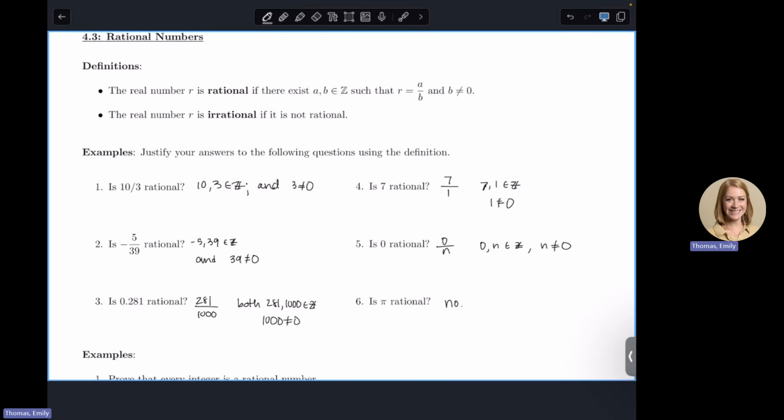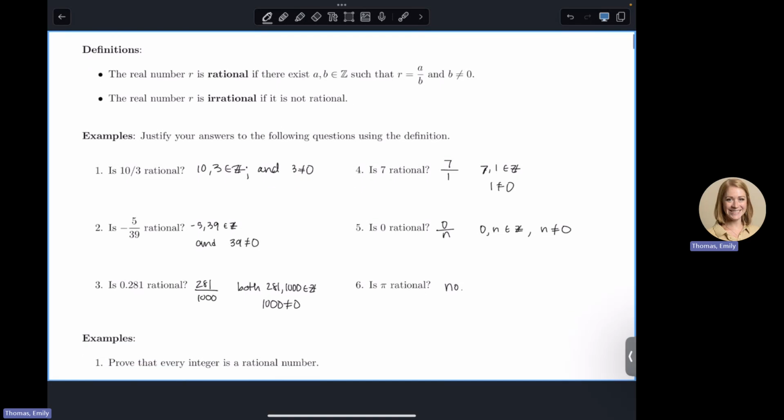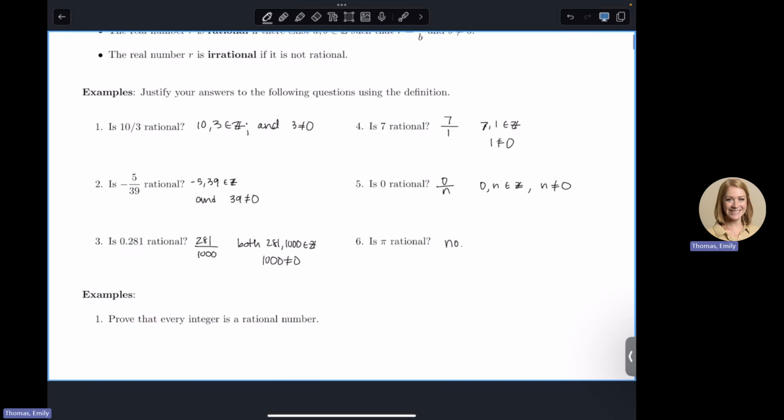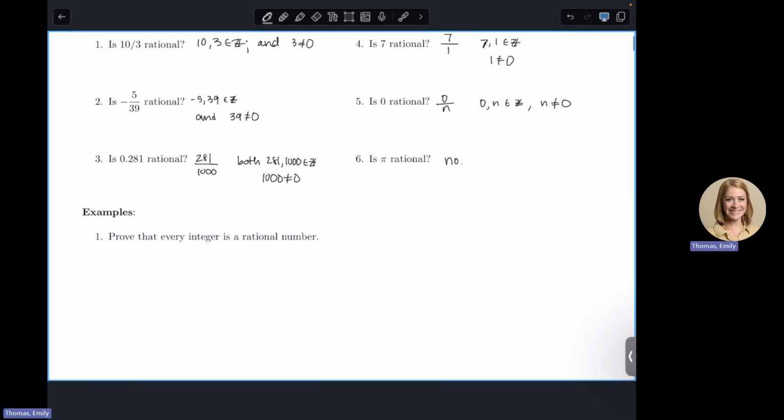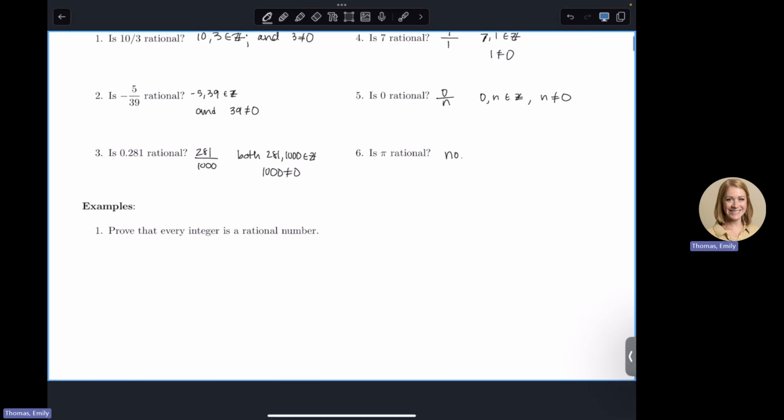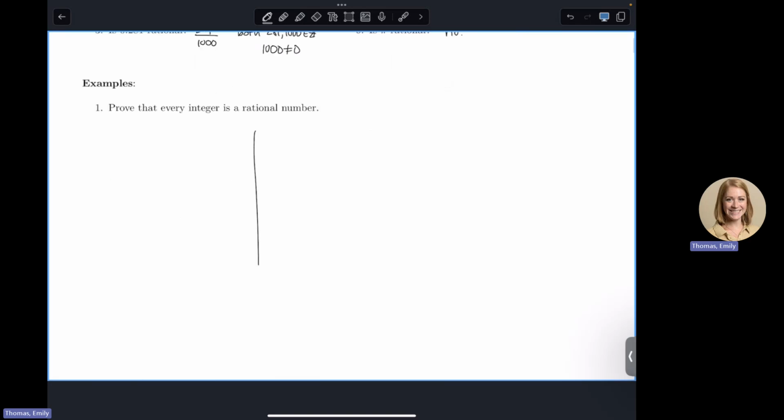All right, other questions or comments? You got the definition of rational. Can we write a proof? We're going to prove that every integer is a rational number. So we want to be able to show that you can write any integer. So let's do some scratch work. We're going to let n be any integer.